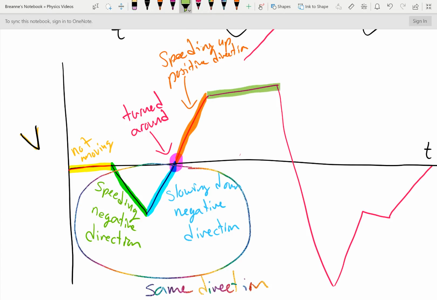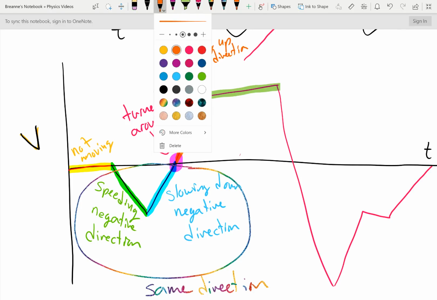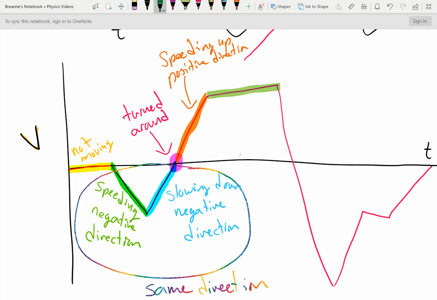Right here, you are moving at constant velocity. So you're still moving. You're just moving at a constant velocity in the positive direction.